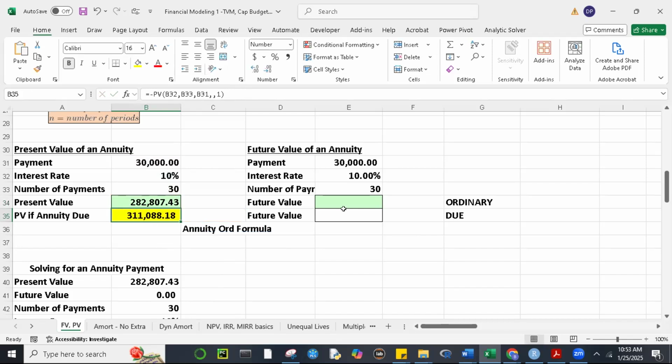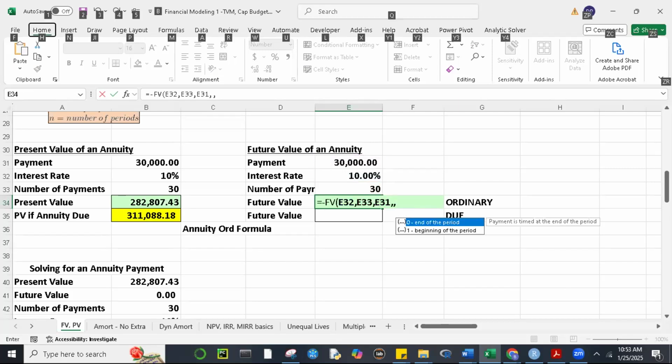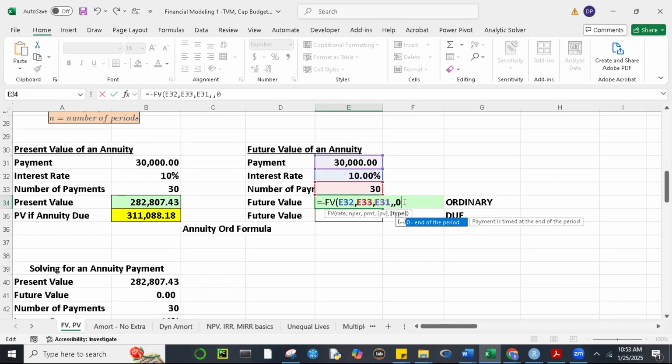So future value is equal to negative FV. A while ago, we computed the future value based on the present value. Here, we're going to use the PMT. Rate is at 10%, comma, NPER is 30, PMT is 30,000. Ignore the present value. Type is end of the period, 0.